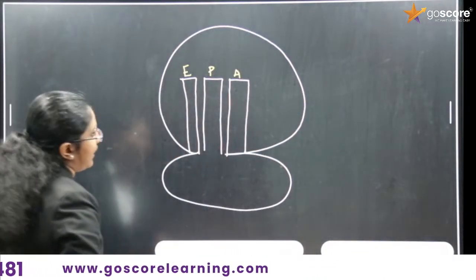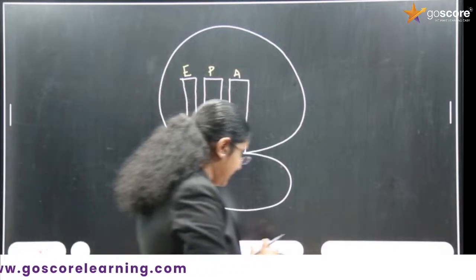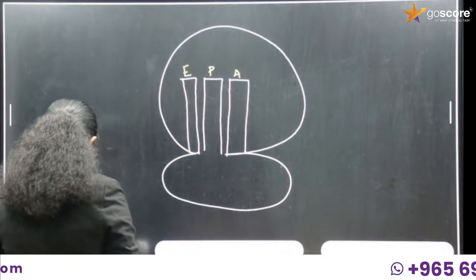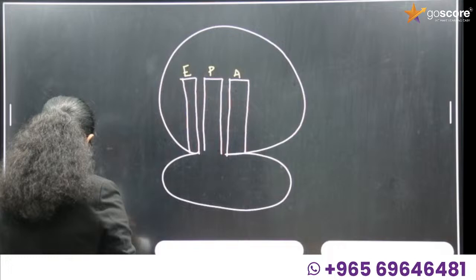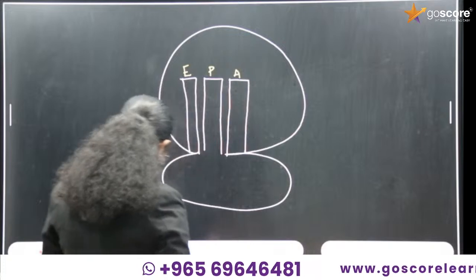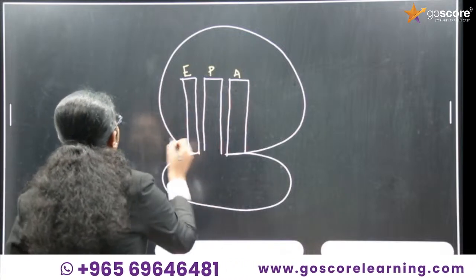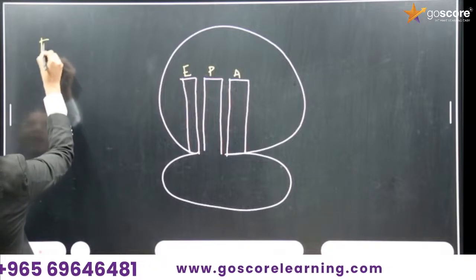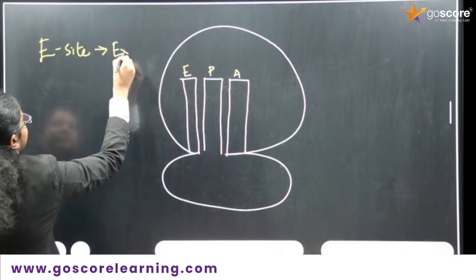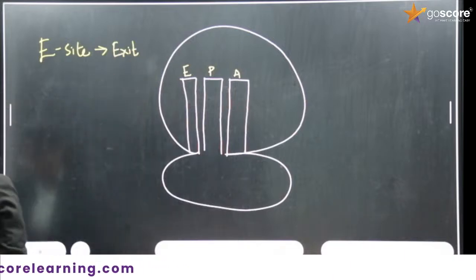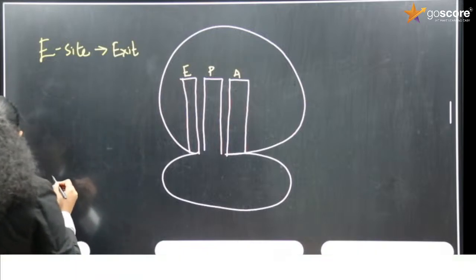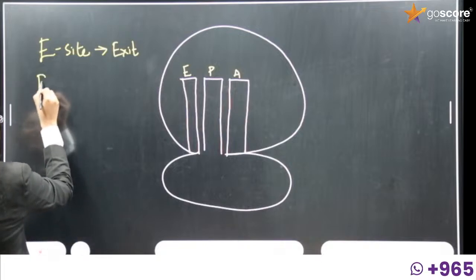Now, what are the E site, P site and A site? We call the E site the exit site. Then the P site is the peptidyl tRNA binding site.